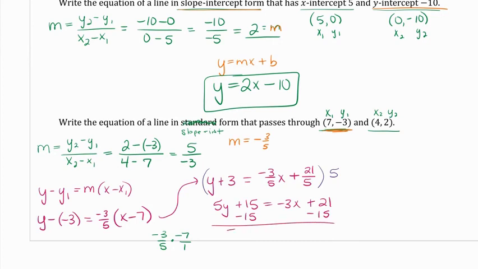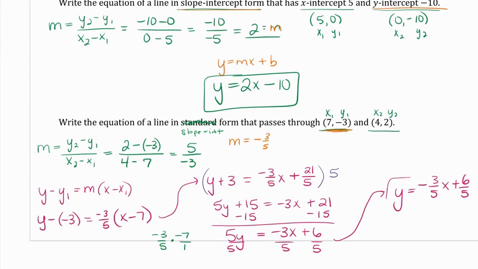And that'll give us 5y equals negative 3x. 21 minus 15, that is, what is that, 6, right? Positive 6. And then I got to divide everything by 5 to get y by itself. So we get y equals negative 3/5 x plus 6/5.